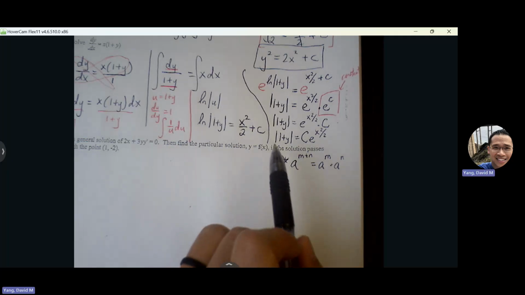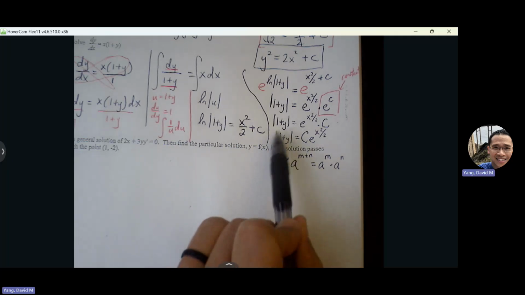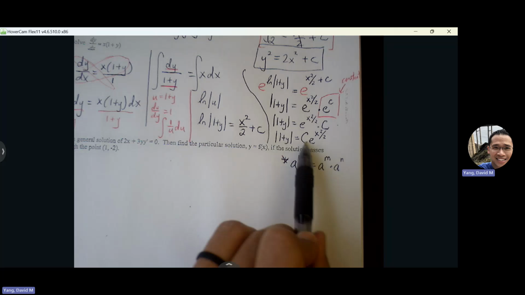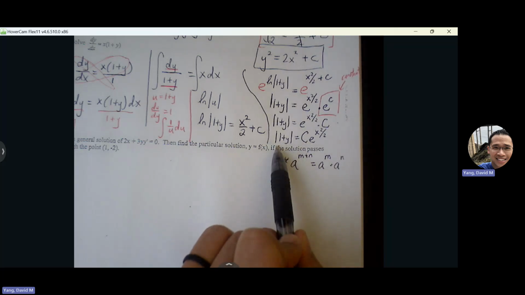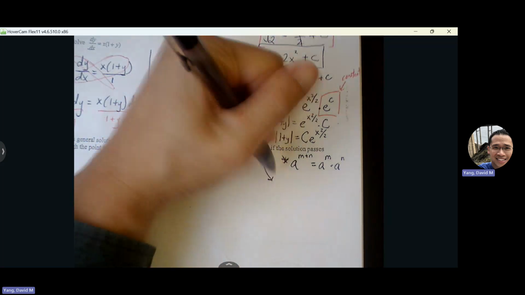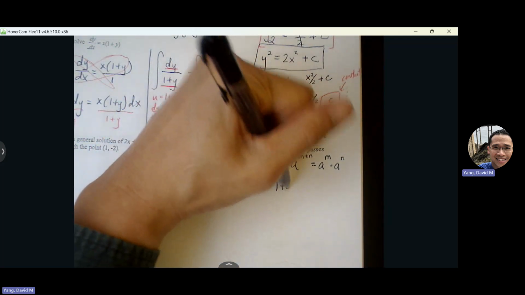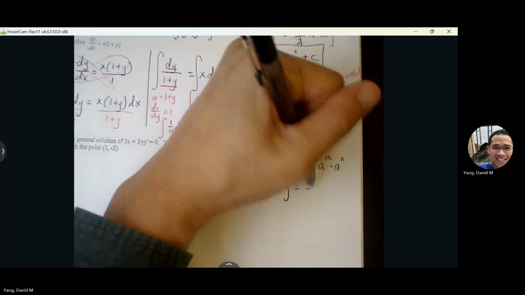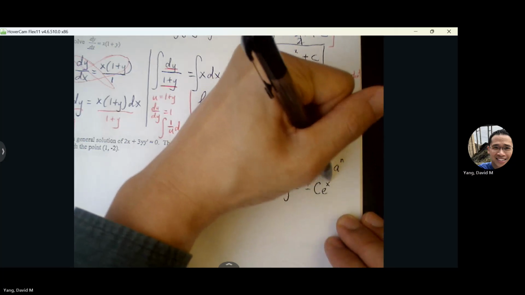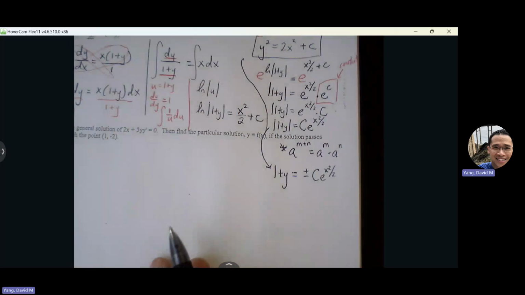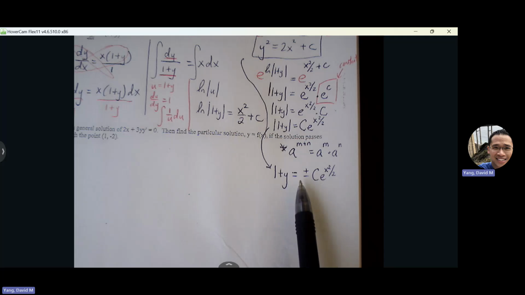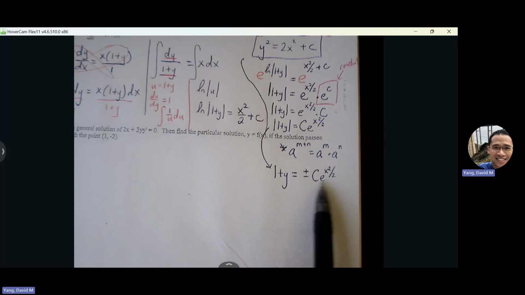Okay, we're still a few steps away, but we're getting closer. We got that right side a little bit cleaned up. We still have to deal with that absolute value. Absolute value represents plus or minus, so I'm going to drop the absolute value and bring that plus or minus over to the right side. So 1 plus y is equal to plus or minus C e to the x squared over 2.